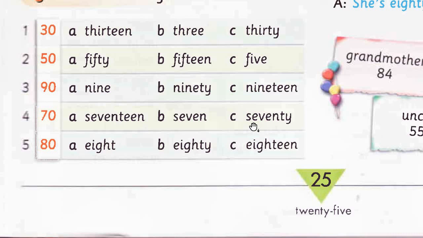Which one? Number C. Correct. And the last one, number 5. The number is here and A, 8, B, 80 or C, 18. Which one did you go for? 80. Well done. Okay, just circle B.